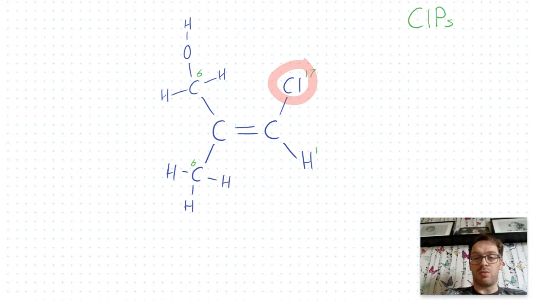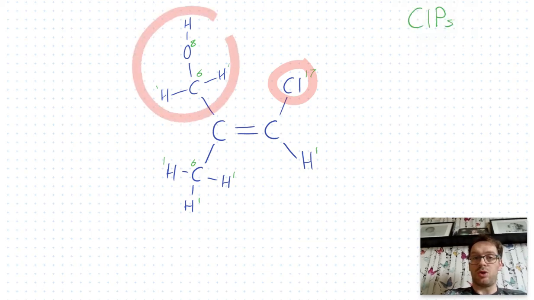If we look at the bottom on the methyl group, we've got 3 hydrogens all attached there, so they've all got a value of 1. Above, we've got 2 hydrogens, but then we've also got an oxygen, which is 8. The 8 of the oxygen is bigger than any of the atomic numbers in the group below. So therefore, that is the priority group.